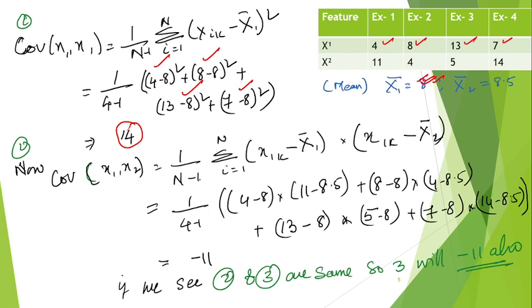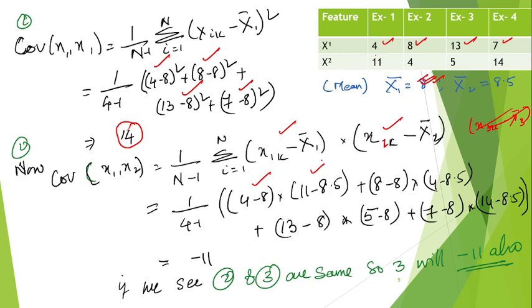x1, x2, 1 by n minus 1. This is 1k, and this is 2k. So what will happen here? Now 4 minus 8, 11 minus 8.5. If it were third, this becomes x3k minus x3 bar, but we are not using it, so cut it down.